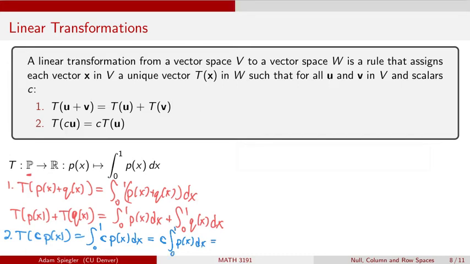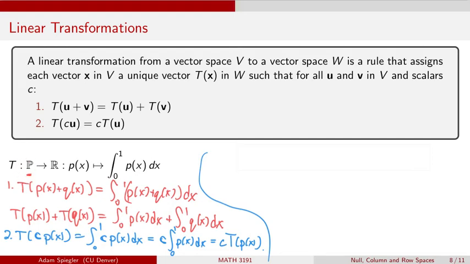So this equals c times the integral of p of x from 0 to 1, and that is equal to c times the transformation of p of x. So both of those properties check out for this map between vector spaces, where now the domain is not a set of vectors that we might think of in the literal sense, but we're thinking of vectors as the set of all polynomials.